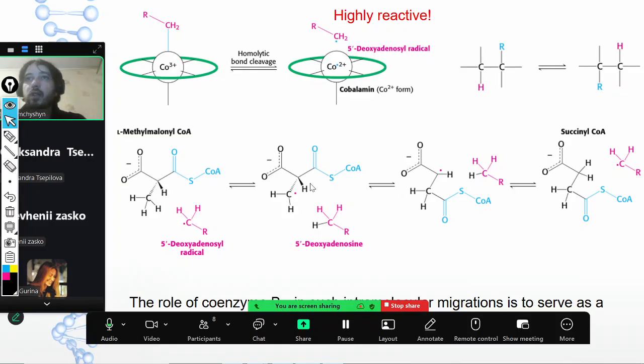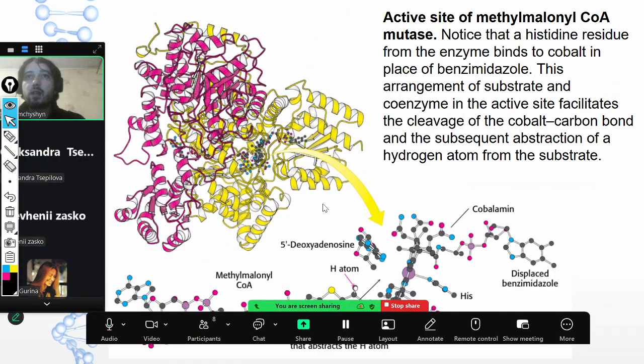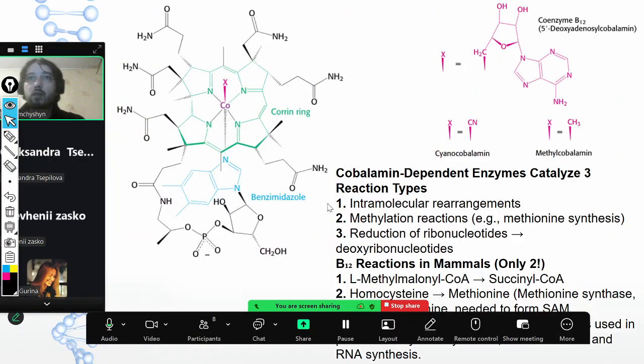So that was a pretty reasonable transformation. And now this more stable form may get back its hydrogen from the 5' deoxyadenosine. Here you see once again the radical was reformed, and here we have our product, succinyl CoA. So we have created succinyl CoA from the methylmalonyl CoA that we needed.